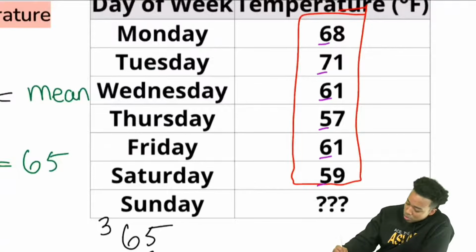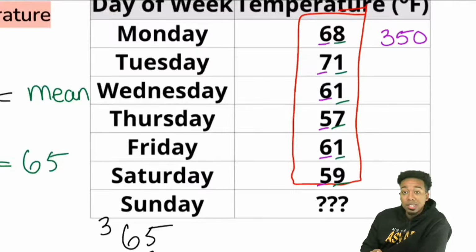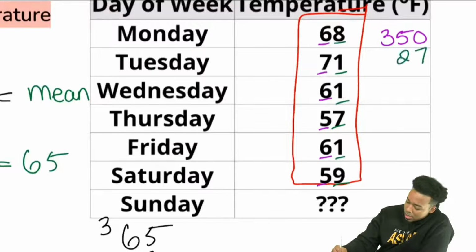So I got 350 right there for the tens place. And then I'll take this in green. 8 plus 1 is 9, plus 1 is 10, 17, 18, 27. So everybody, do we have 377 for what we have so far?